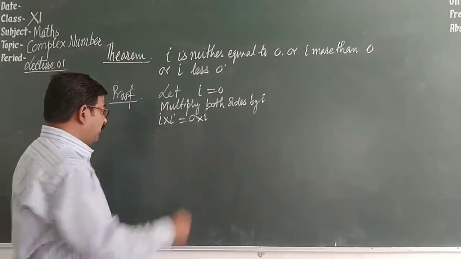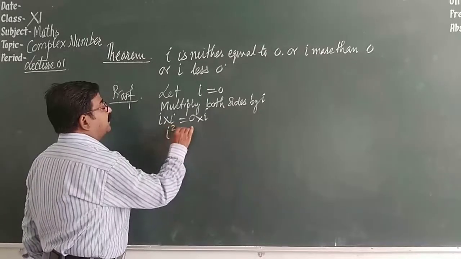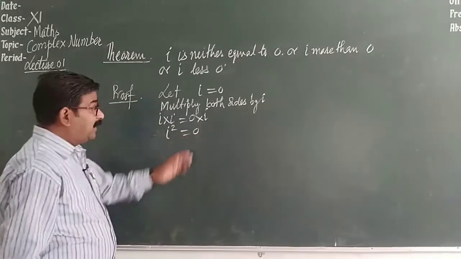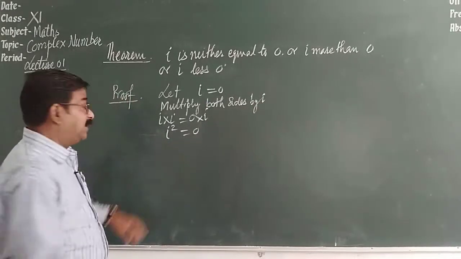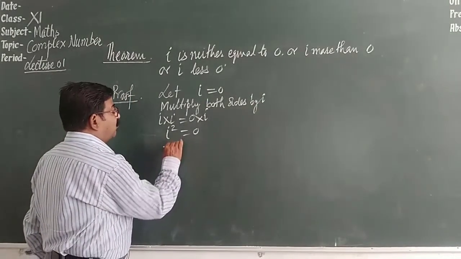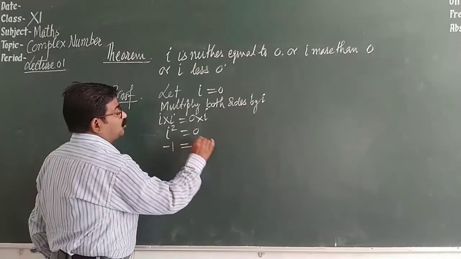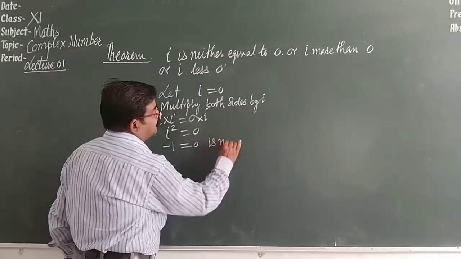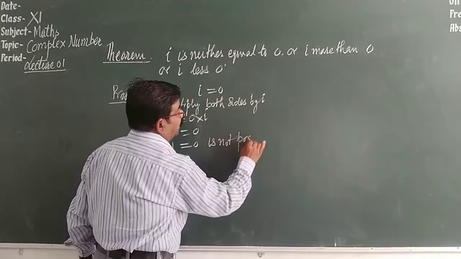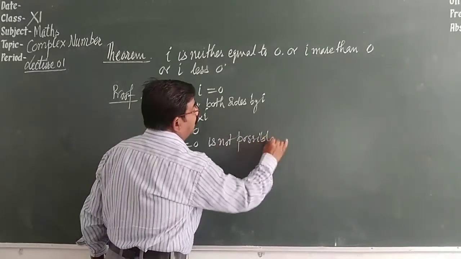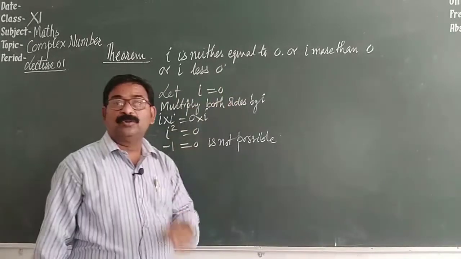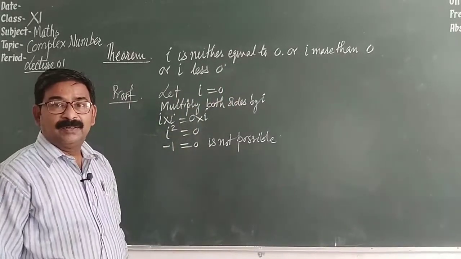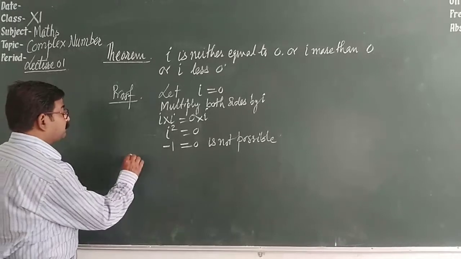So on the left side we have i square, which is equal to 0, and previously I told you that i square is equal to minus 1. So minus 1 is equal to 0 is not possible, that is not true. It means i is not equal to 0. Got it? See again.